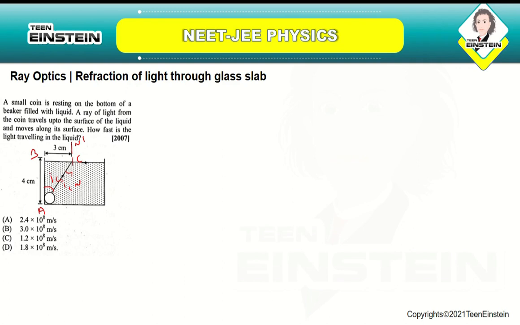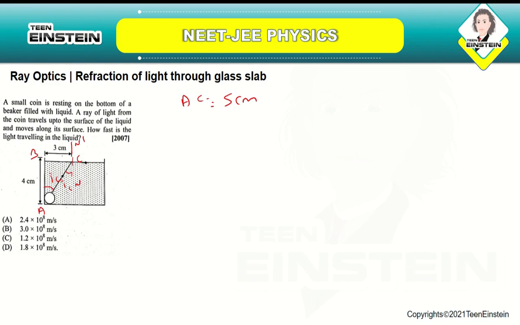From the figure we can find out AC is equal to 5 centimeters. Of course, we are making use of the Pythagoras formula and you are finding out AC is equal to 5 centimeters. And also after refraction the light may pass parallel to the liquid surface.